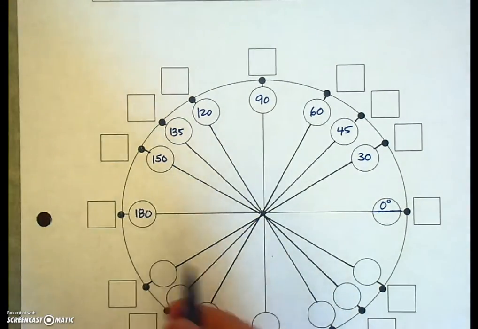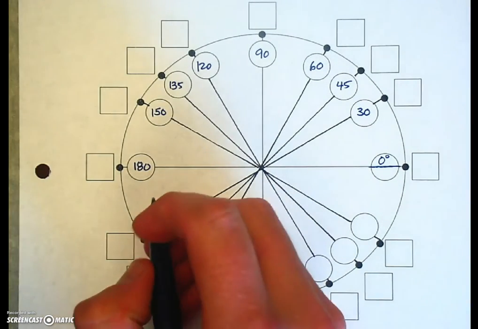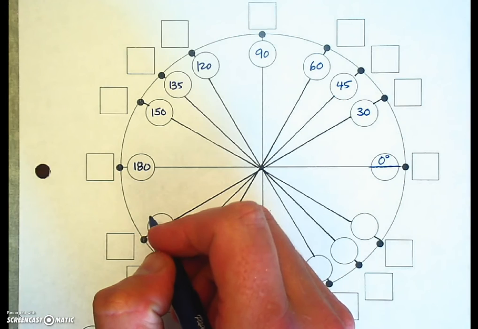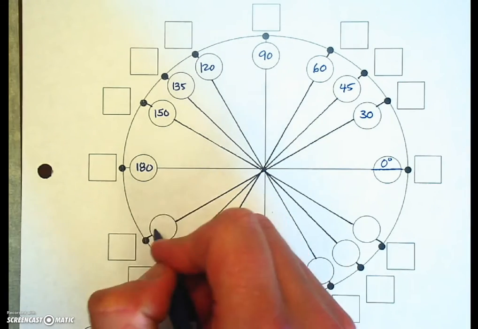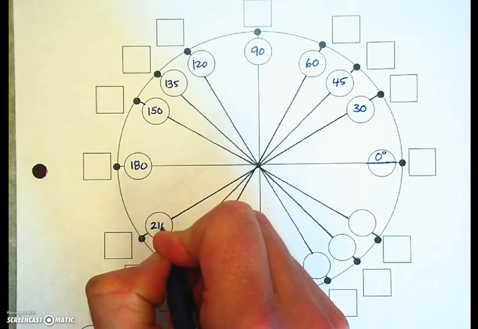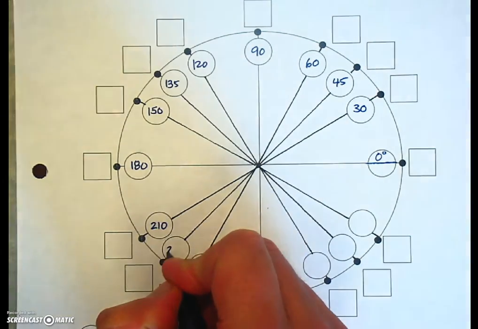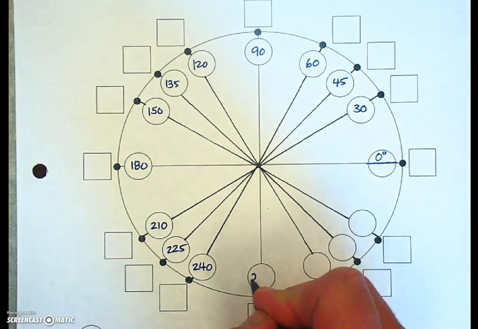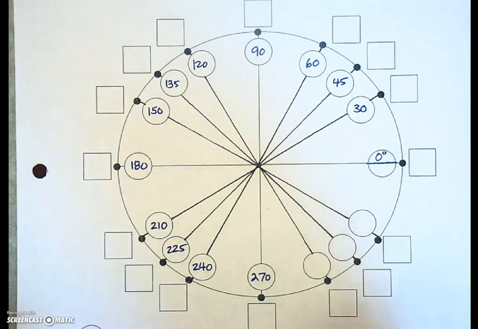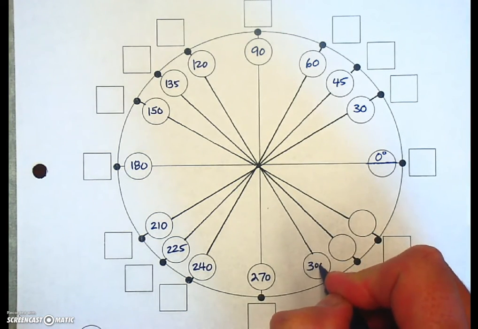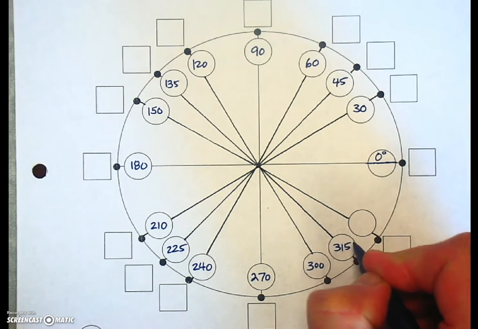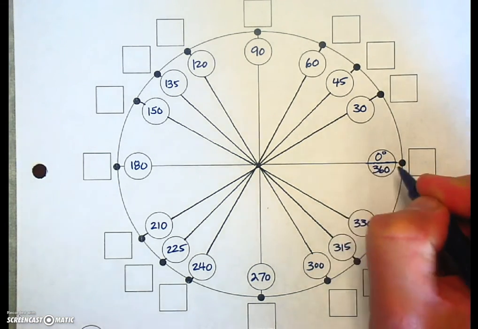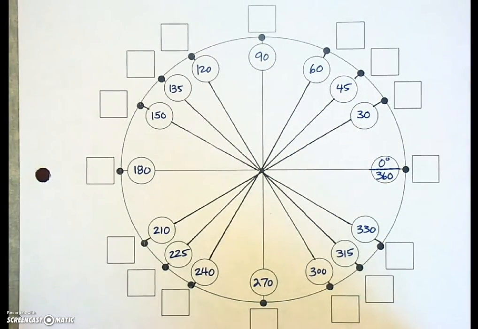And then continuing to move around down in quadrant 3, we go to, let's see, 210. 225, 240, and then we're 270 down here at the bottom. And then we go 300, 315, 330, and then 360 as we get all the way back around.